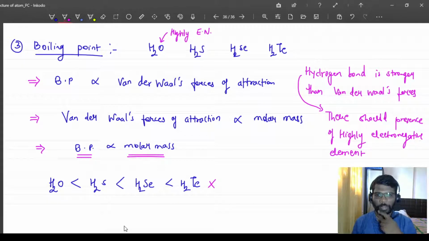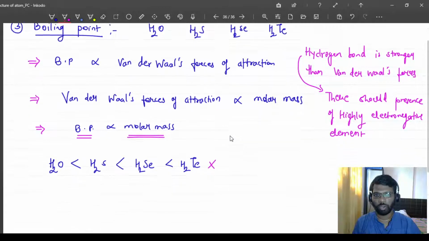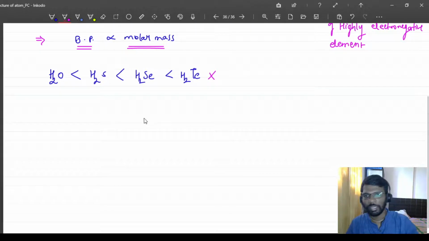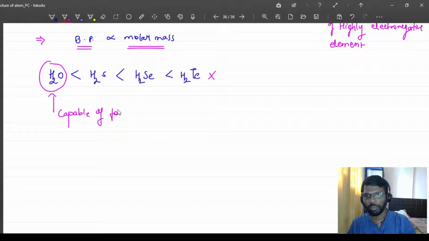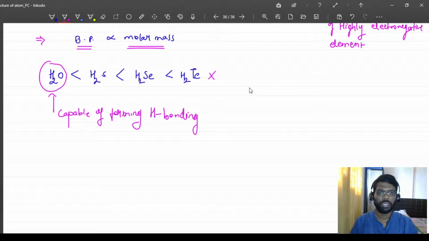So what will happen in that case? H2O is capable of forming hydrogen bonding. Hydrogen bonding holds the molecules together.